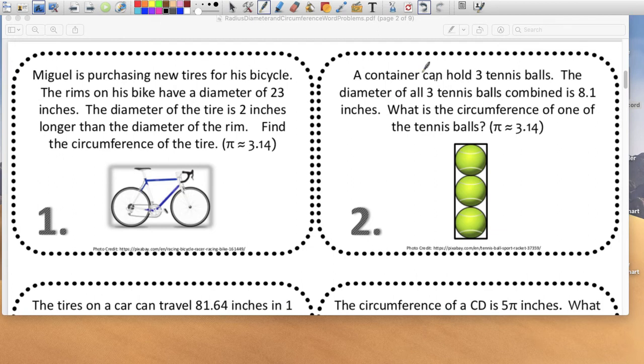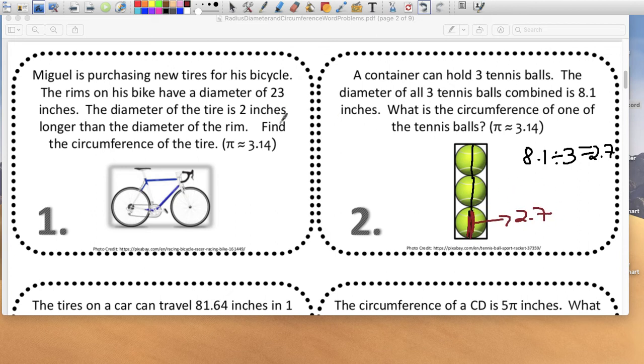Number 2, a container holds 3 tennis balls. The diameter of all 3 balls combined is 8.1. Find the circumference of one of the circles. If I add this diameter plus this diameter plus this diameter, it's 8.1. So I have to divide 8.1 by 3, and I get 2.7. Which means this diameter right here is 2.7.